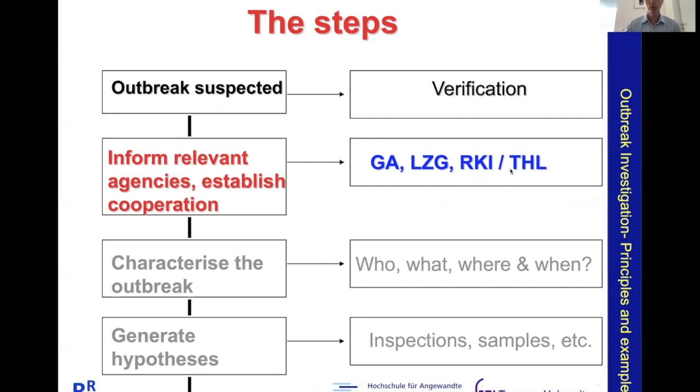In Finland, you would probably want to contact the National Institute as well, and inform those people who need to know about this, and set up an outbreak investigation team, so that you would be able to really carefully look at it and have all the expertise in your team.